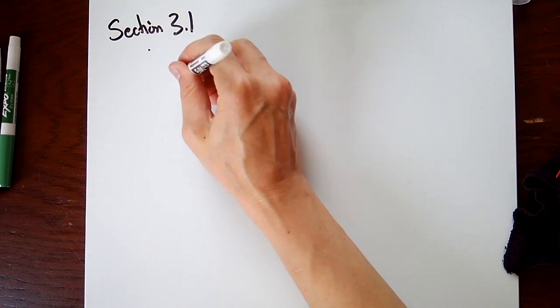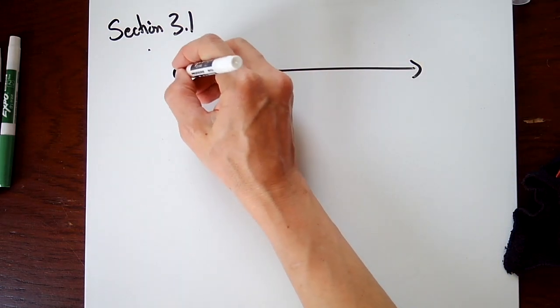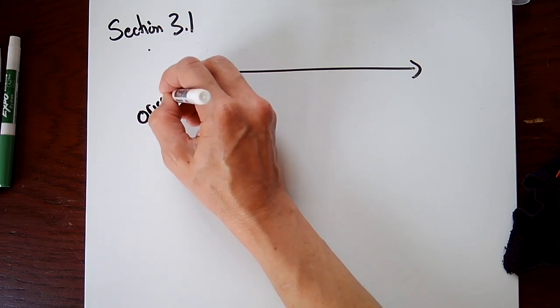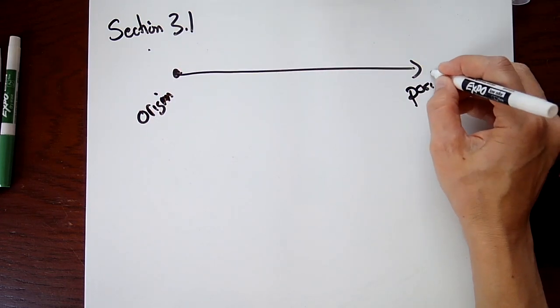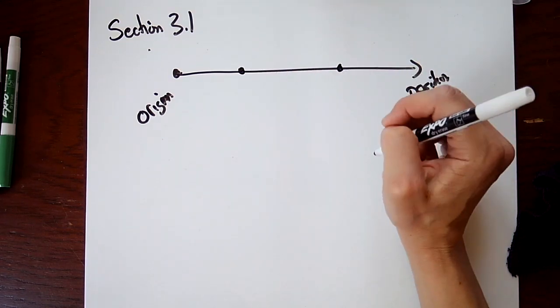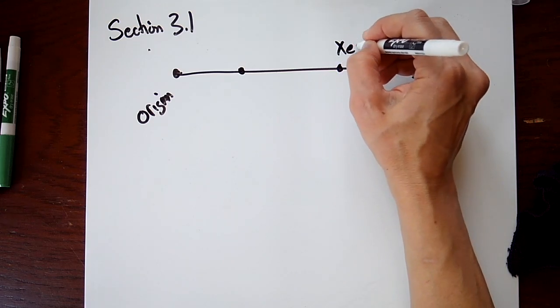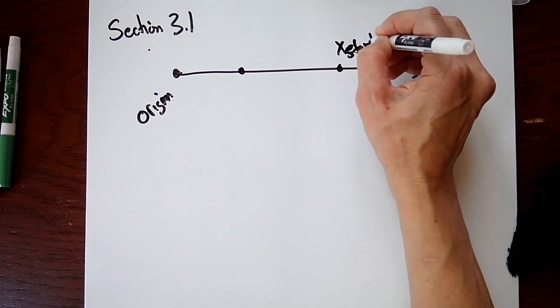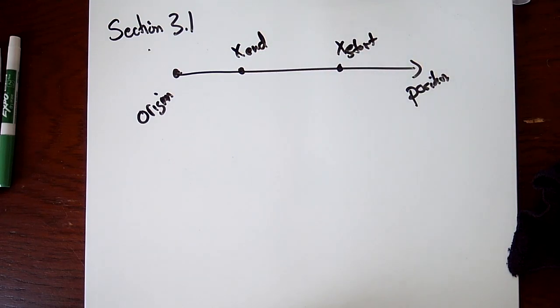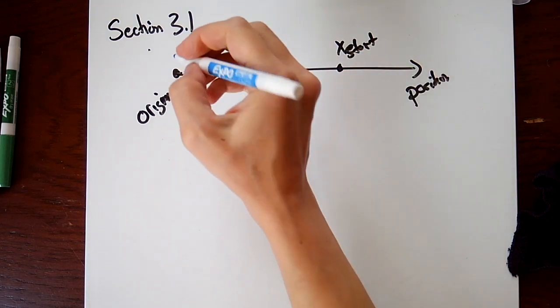Just to get some practice with that, let's draw out our position line again. If, say, we start here and end there, well, both of our position vectors would be positive.